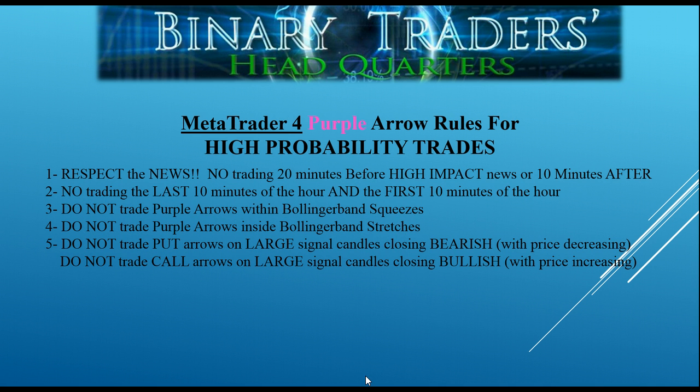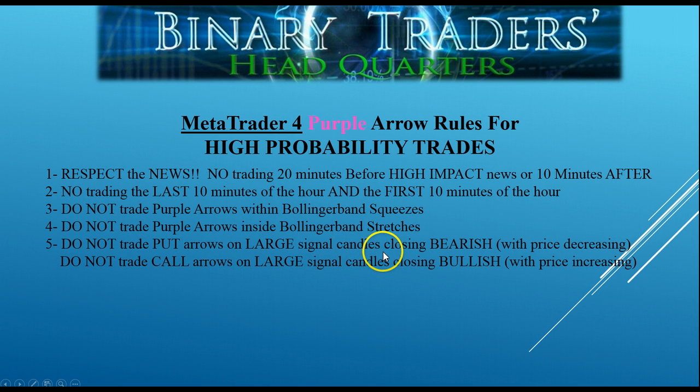Okay, so one of the new things that you'll see on the MetaTrader 4 platform that you wouldn't have really seen on the Thinkorswim platform is the purple arrow appearing on candles that are going in the direction of the trade. So I will show you some visual representations of what I'm about to say here, but we do not trade put arrows, meaning arrows that are pointing down, on large signal candles.